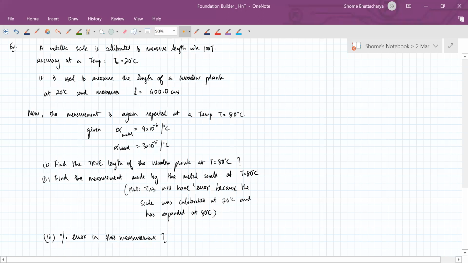How much is the percentage error made in this measurement, which is done at 80 degrees C using the given scale? So just try out this question.